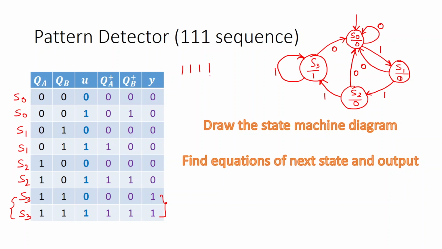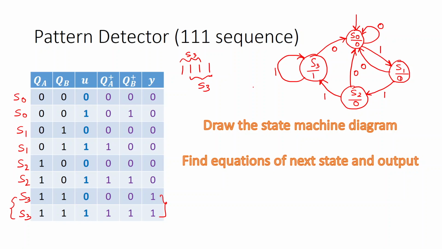In this particular count, you are again detecting that you are in state S3. Here also you are detecting S3, now also you are detecting S3, and hence you will again come back to S3 and generate an output because you have come back to S3.